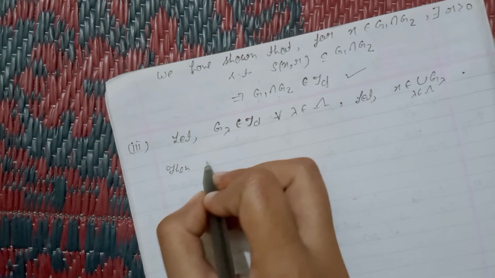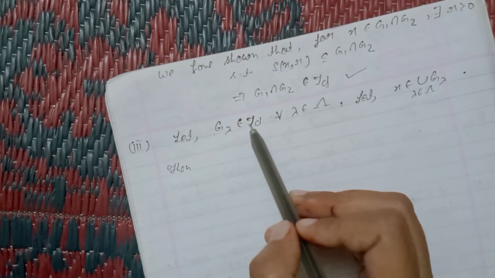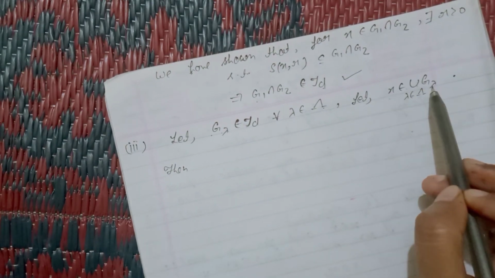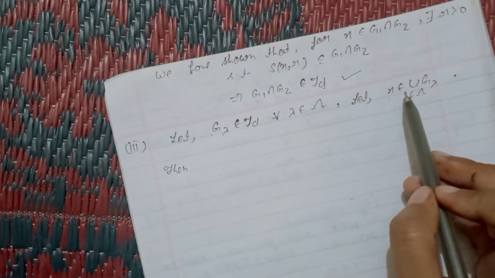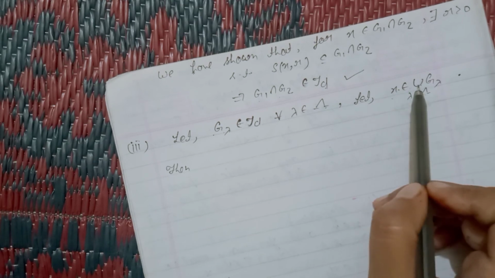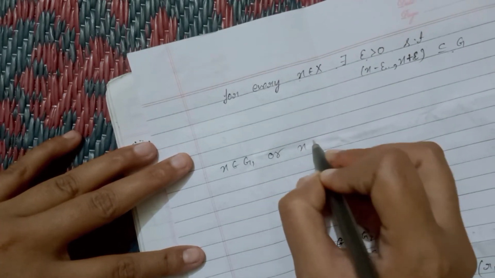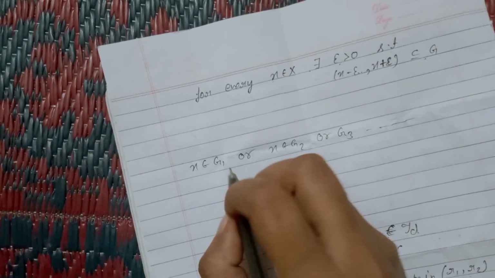Then students, here we consider G lambda belongs to Td for all lambda belongs to capital Lambda. Let x belong to the union of G lambda, lambda belongs to capital Lambda. The union of G lambdas means x belongs to G1 or x belongs to G2 or x belongs to G3 and so on, right?